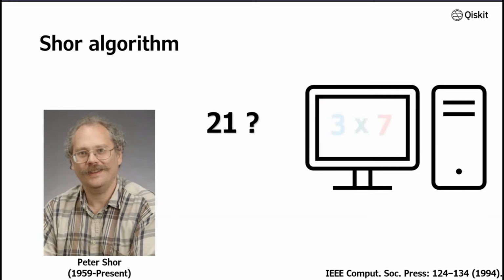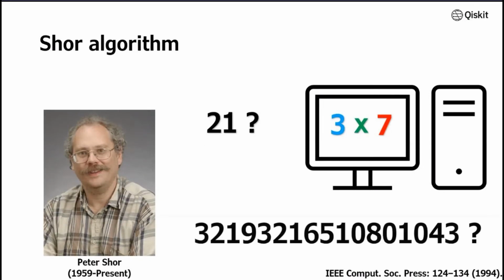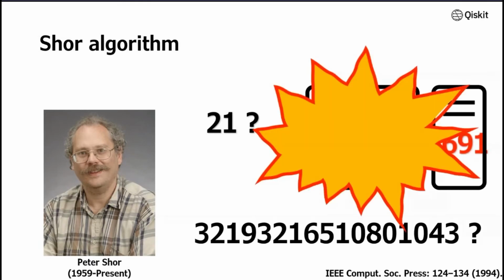A computer can show that it's 7 times 3. But let's say we try to factor a larger number, something like 32 quadrillion, 193 trillion, 216 billion, 510 million, 801,043. Well, we would just blow up the computer. It's a hard problem to solve using a computer.